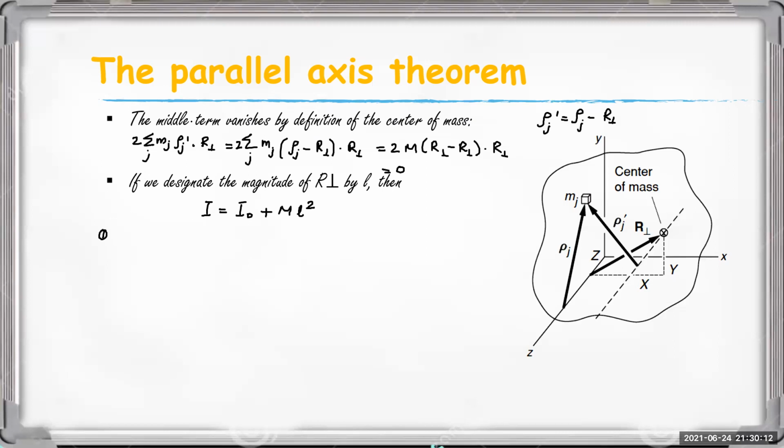Okay, first one, we find the moment of inertia of a stick. The moment of inertia of a stick about its center of mass is obtained as I0 equal to m l square divided by 12. Okay, and here we find the moment of inertia about one of its ends.